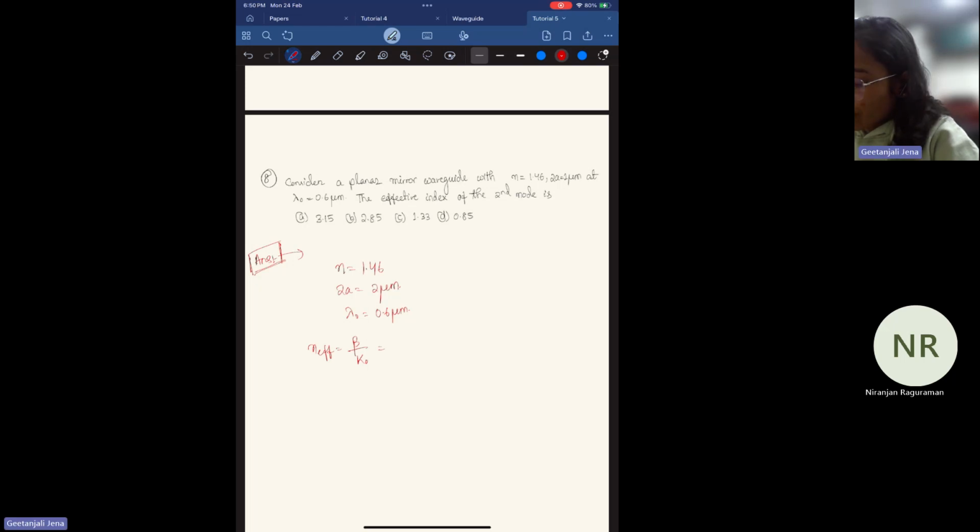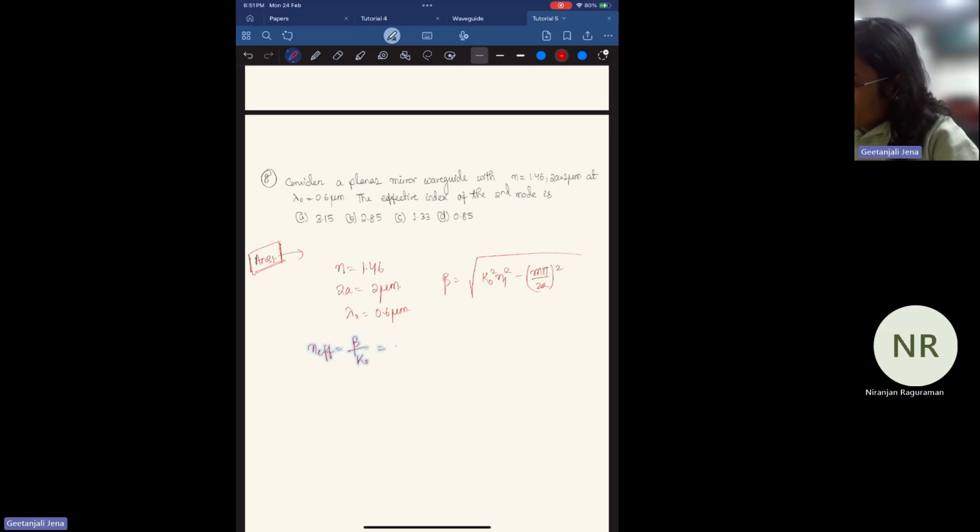So beta we have already calculated. It was beta is square root of k0 square n1 square minus m pi by 2a whole square.